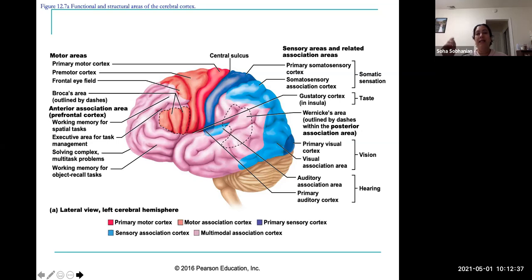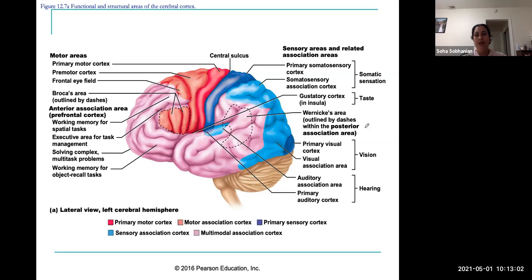I can ask which letter corresponds to the part of the brain that controls your skeletal muscle movement. Which part collects data from your eye, okay? Based on what you know so far, you should be able to answer these questions.